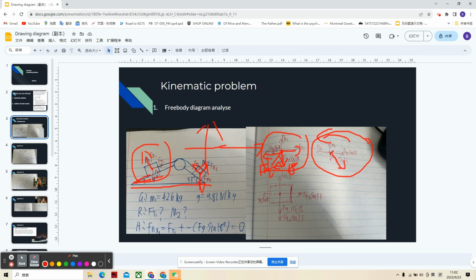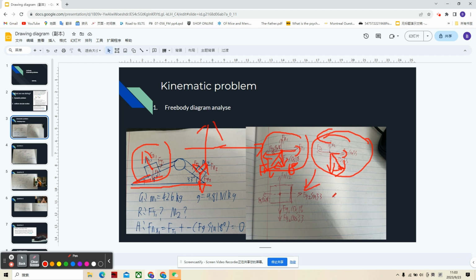Therefore we have the force of gravity y direction and the force of gravity x direction, which point separately downward and to the right, and we have the force of normal and the force of tension over here. After we combine these all together, it becomes like this.